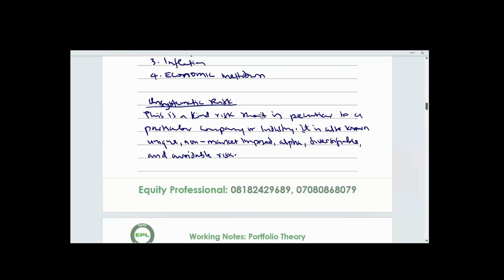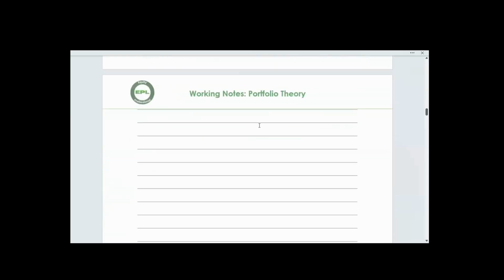So what are the causes or examples of unsystematic risk?